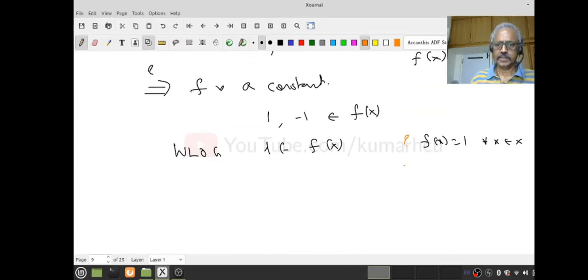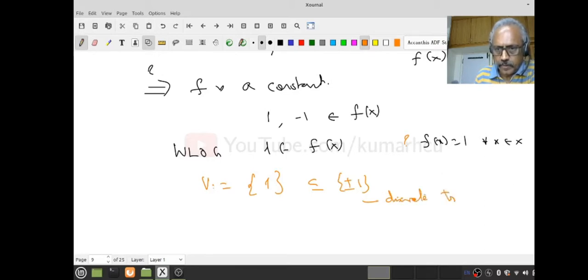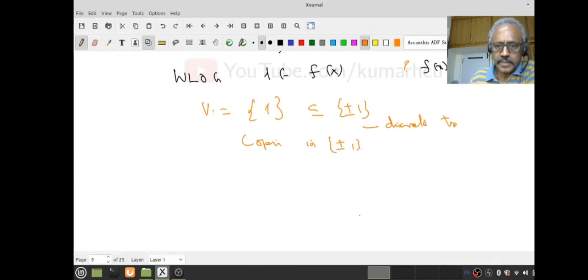Now let's look at the set {1}. Call this V. This is a subset of {plus or minus 1}, which has the discrete topology. Therefore this is open in this space. Therefore f inverse of V is open because f is continuous.